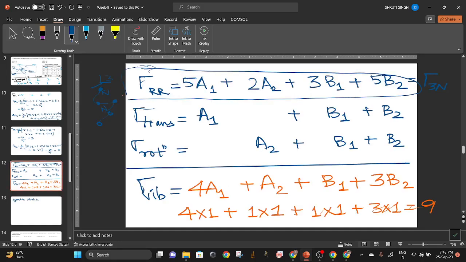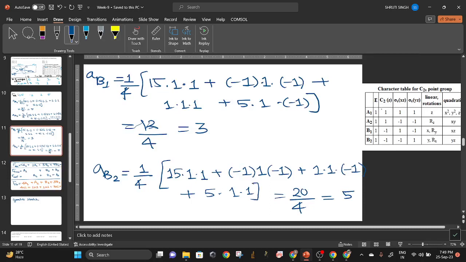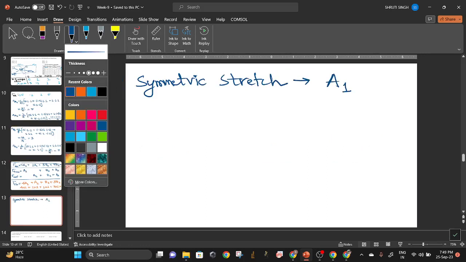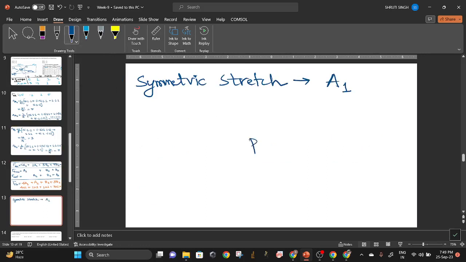Out of these 4, which mode is symmetric under all the symmetry operations? A1, right? So under A1, all the characters are 1. So it is symmetric with respect to all the operations. So symmetric stretch will definitely belong to A1. Okay? Yes, ma'am. So we can check this also. You can check like we have this molecule.